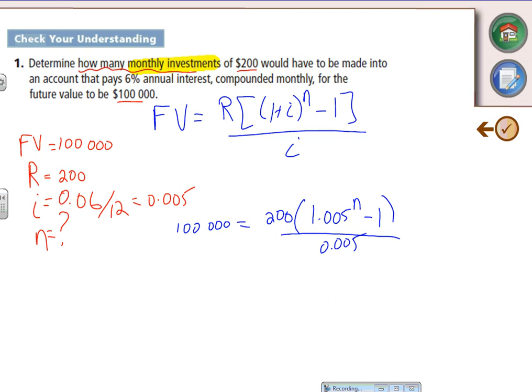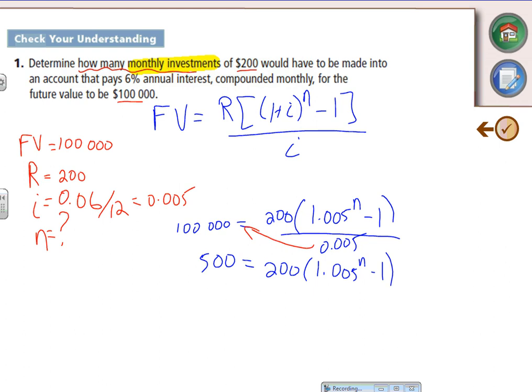All right, let's start getting the n isolated. So let's multiply by 0.005 up and over. We get 500 equals 200 times 1.005 to the n minus 1.